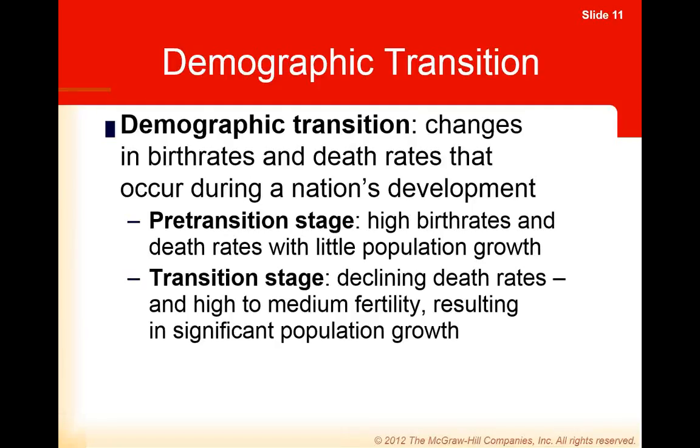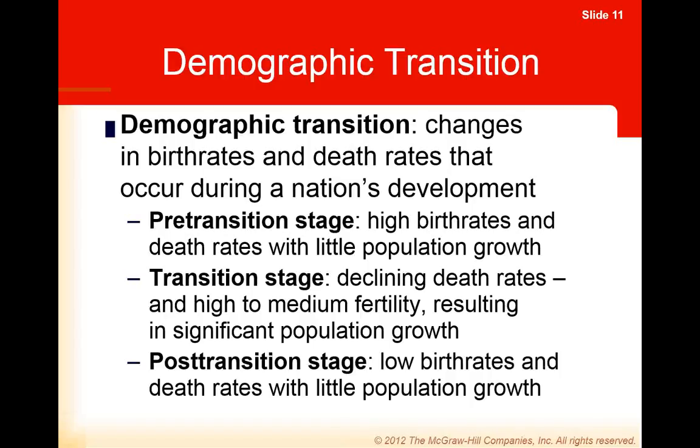At the early part of it, the death rates begin to fall off fairly radically because of those three factors I mentioned. So declining death rates, high to medium fertility, so you still have high rates of birth. You have significant population growth. In the demographic transition, your population can actually expand really rapidly.